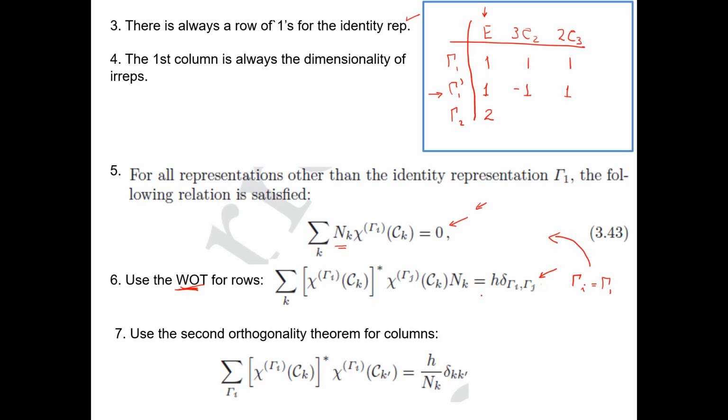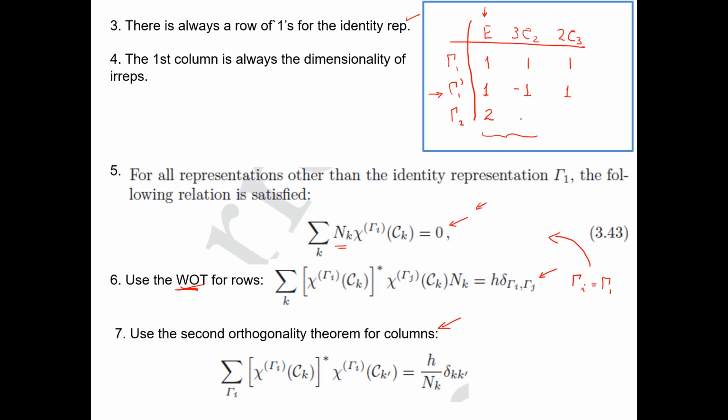The seventh rule is this one that we have also discussed last time, which is your second orthogonality theorem, the orthogonality theorem for columns. That means that two different columns of your character table must be orthogonal. Let's apply this to these two columns, the classes E and 3C2.